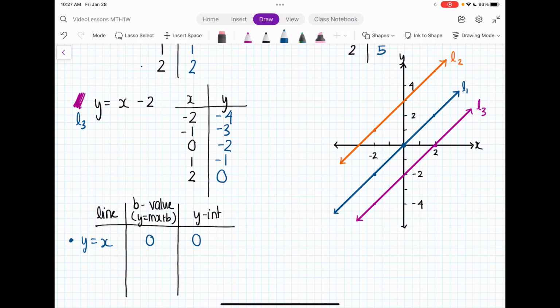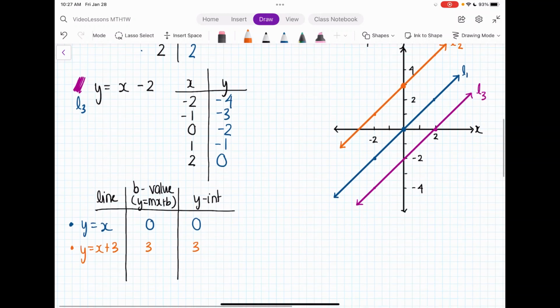So now let's look at the next line, L2, which was y equals x plus 3. My b value is 3. And if I look at my y-axis, I can see that that is where my line is cutting the y-axis, and that point is at y equals 3.